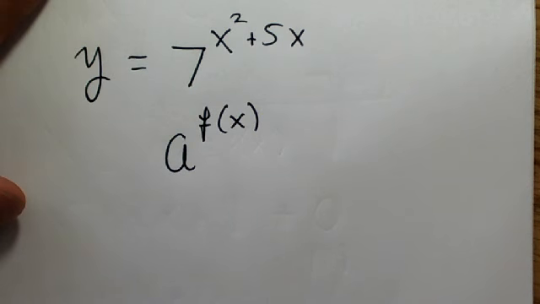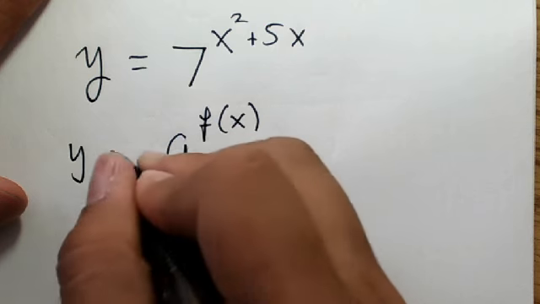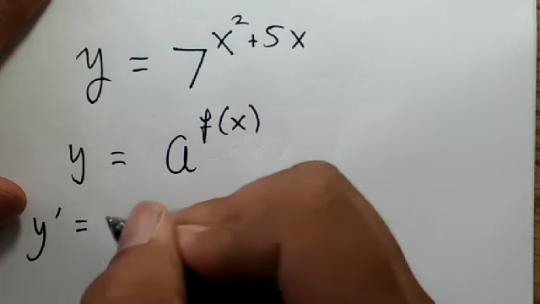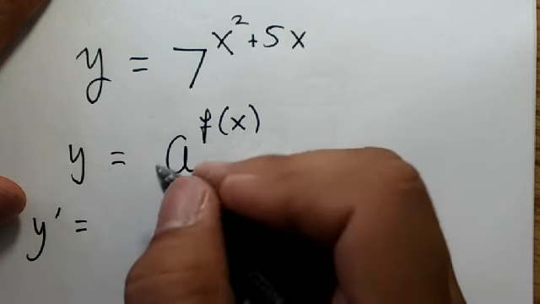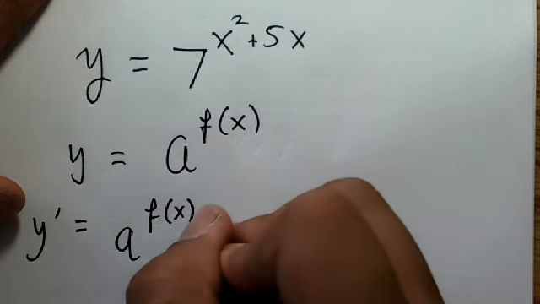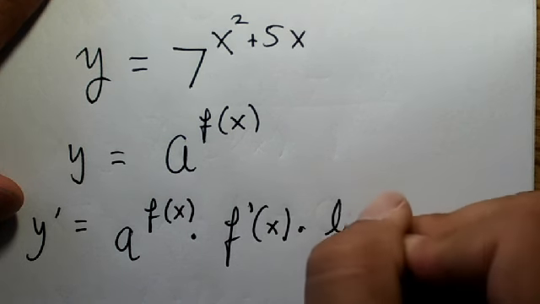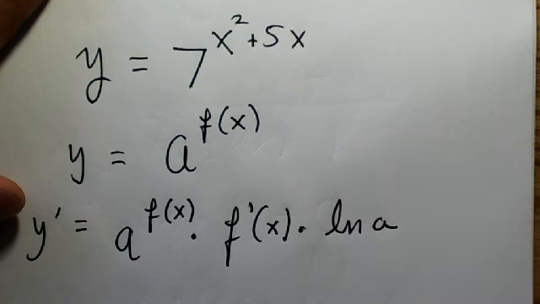Go to your chart for your exponential rules. Which derivative would this be? This would be a to the f of x times f prime of x times the ln of a. Do you agree?